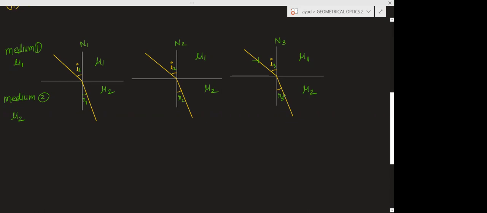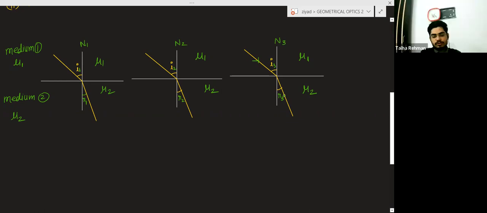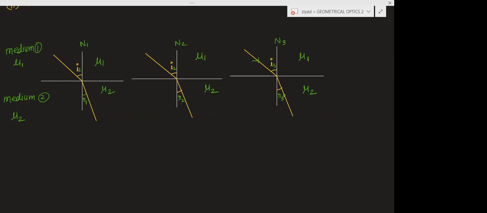So what Snell's law says, we will discuss later. You can do this for n number of incidences for the light.